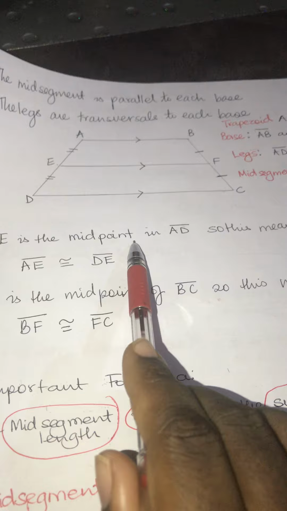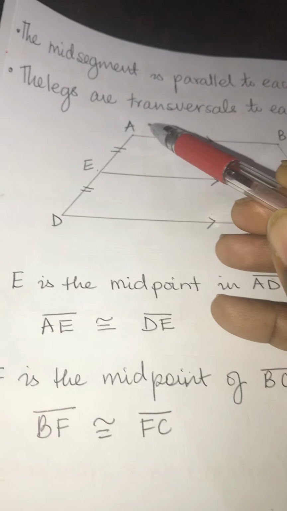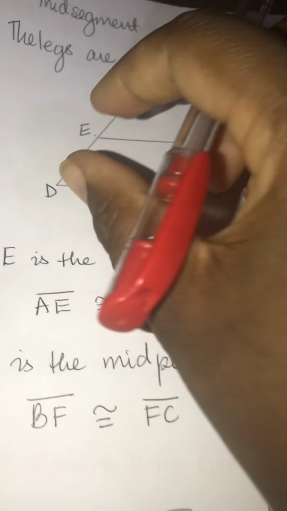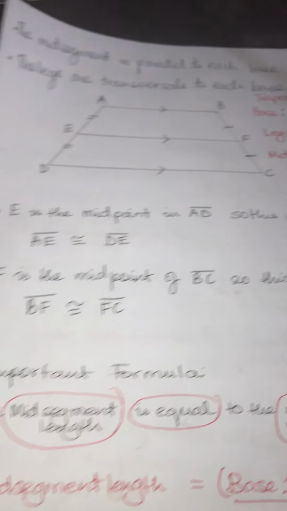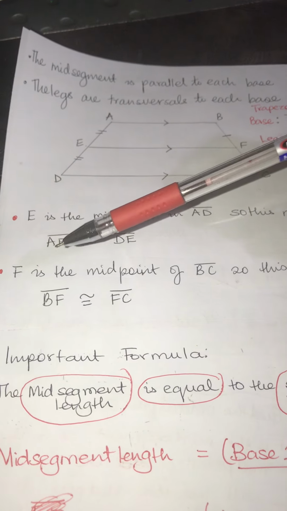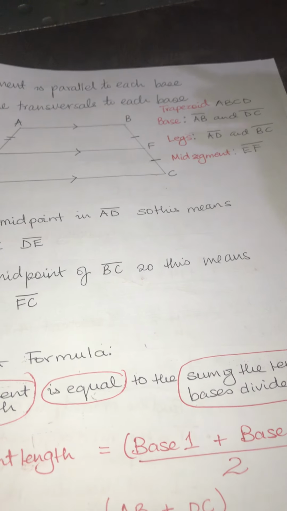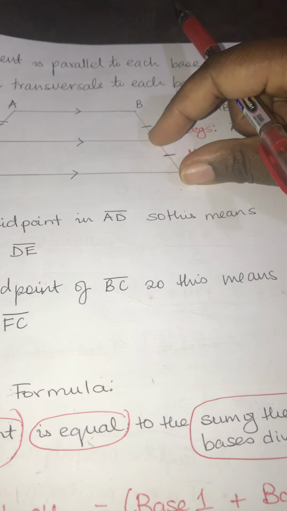E is the midpoint of AD. So that means ED is congruent to AE. This part is equal to that part. Okay? If F is the midpoint of BC, then BF is congruent to FC.